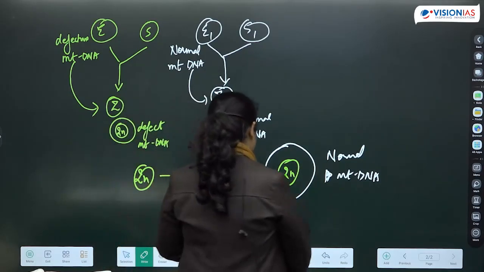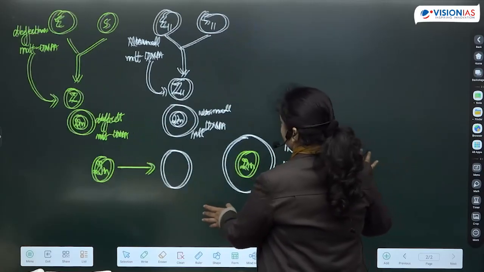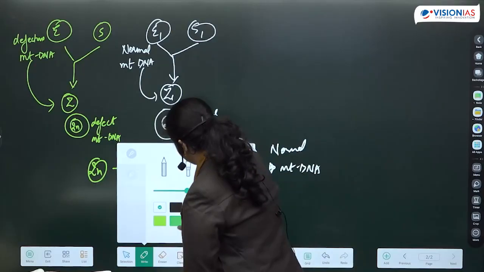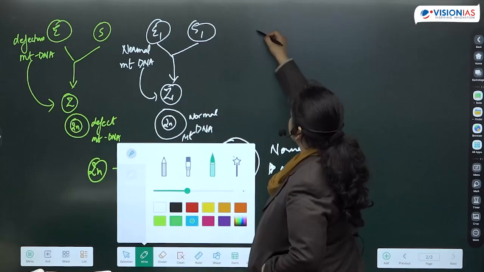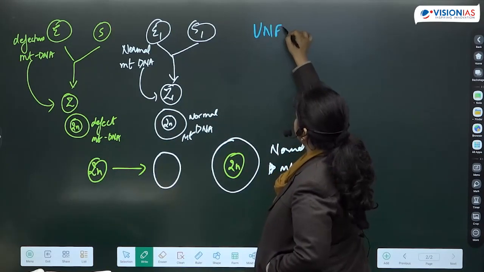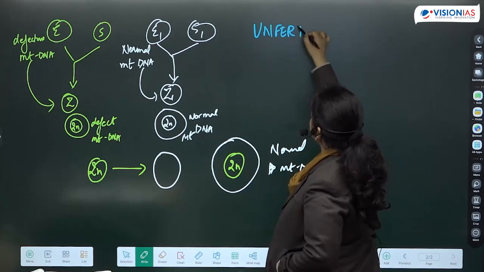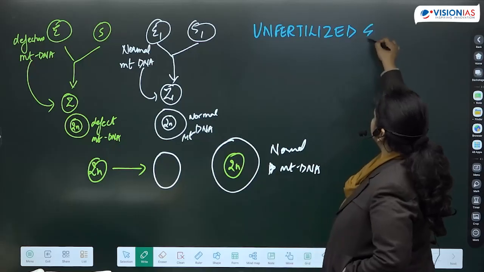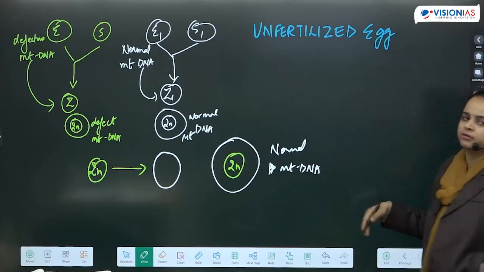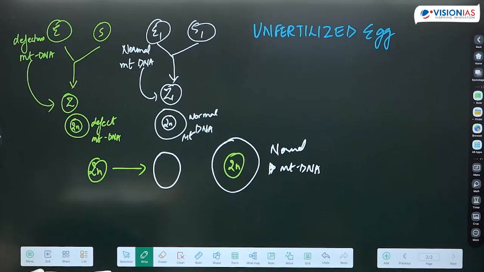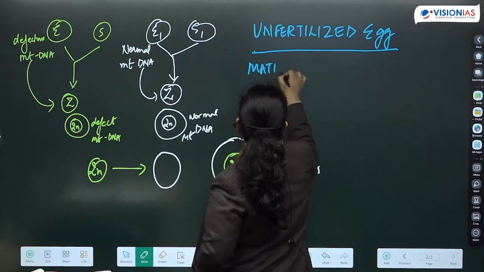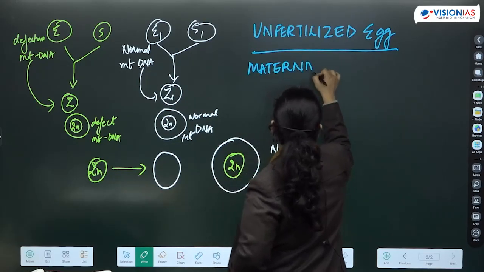So we have technical terms to describe both these stages or both these types of procedures. If you are using an unfertilized egg and you do the replacement in that and then fertilize it, जो first situation हमने देखी थी, it is called maternal spindle transfer.